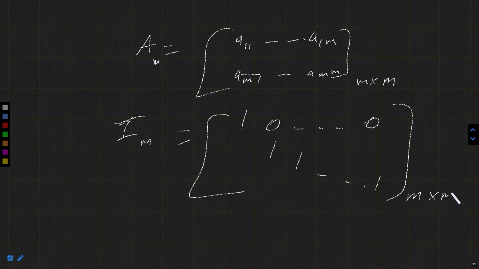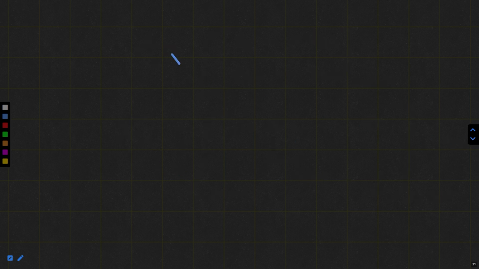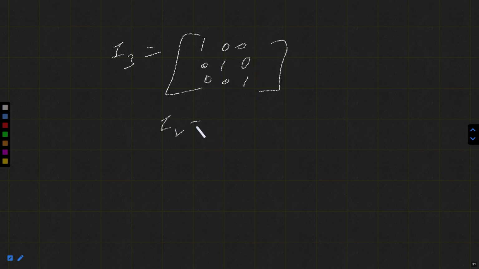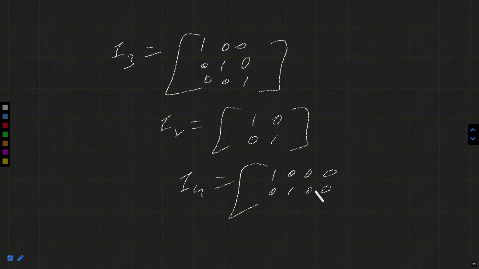M columns. And the entries where we have 1 are the principal diagonal entries. Okay, as you saw, the identity matrix of order 3 will be 1 0 0, 0 1 0, 0 0 1. And I2 we already saw. I4 will be like this: 1 0 0 0, 0 1 0 0, 0 0 1 0, 0 0 0 1. Okay, I hope that it is clear to you.